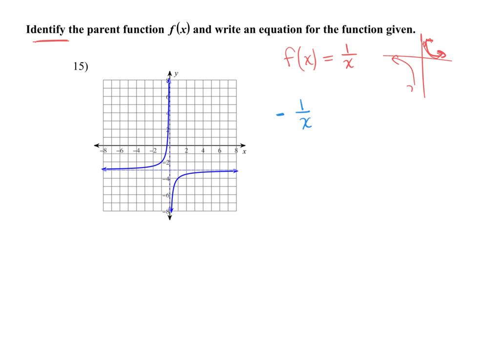And then you should also notice that it's not at 0, 0. So this little guy where these two little dashes cross is normally right here on my parent function. So he moved either left or right or up or down, didn't he? How did he move? He moved down. How many spots? 3, right? Is that on the inside?